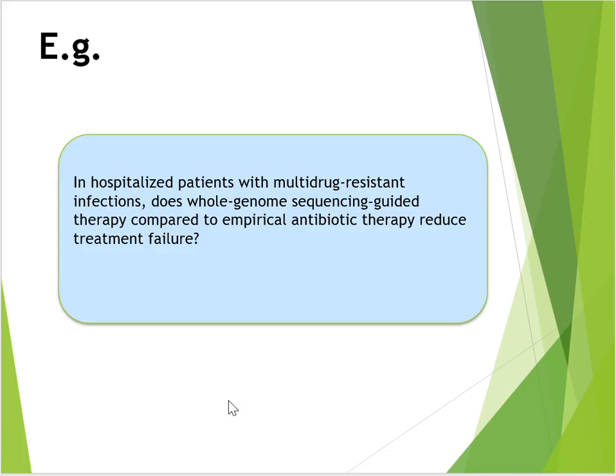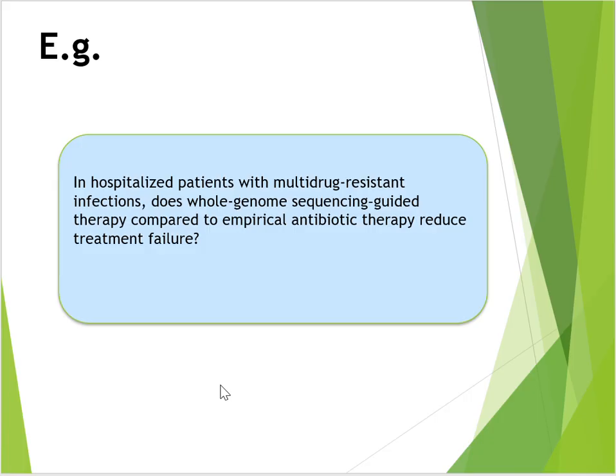We're talking of hospitalized patients. That is the first characteristic of this particular group. We say the population is well characterized. So here, the first characteristic of our population is that the patients are hospitalized. And the second thing about this particular group, we are targeting those that are having multi-drug resistant infections.